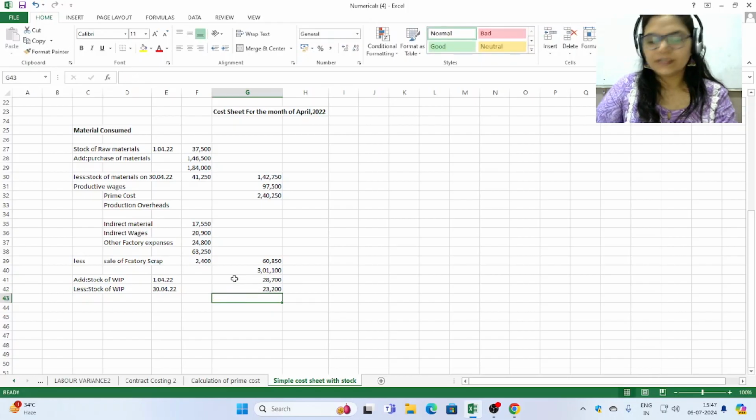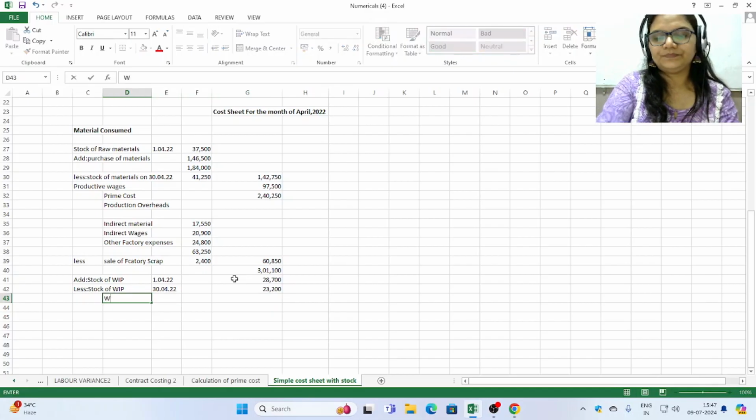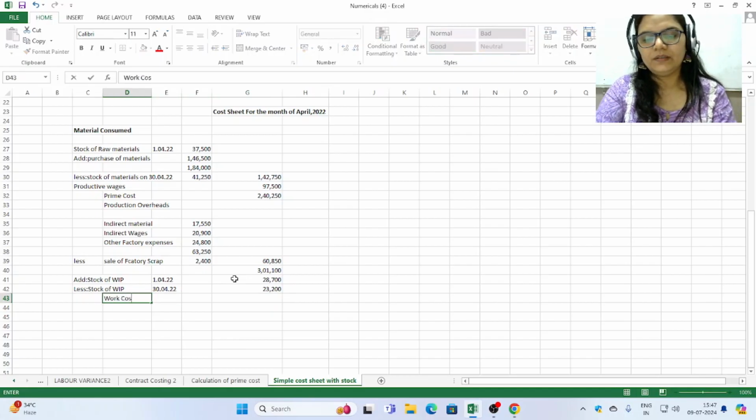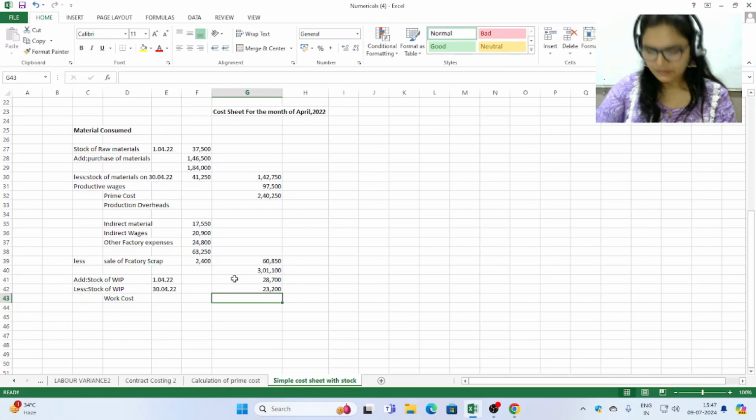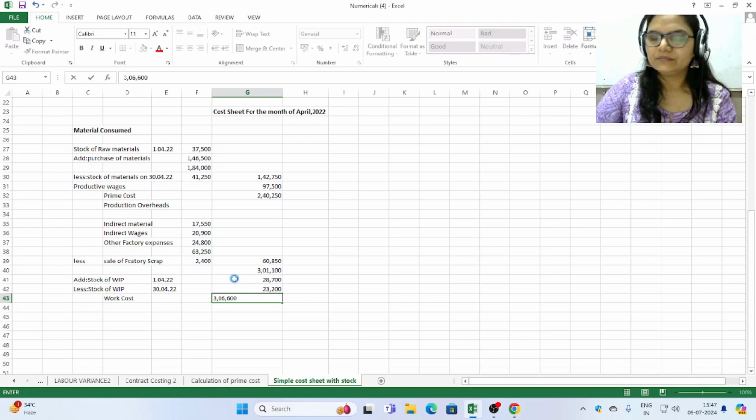And after deducting these values, we will get work cost. Work cost is 3,06,600.